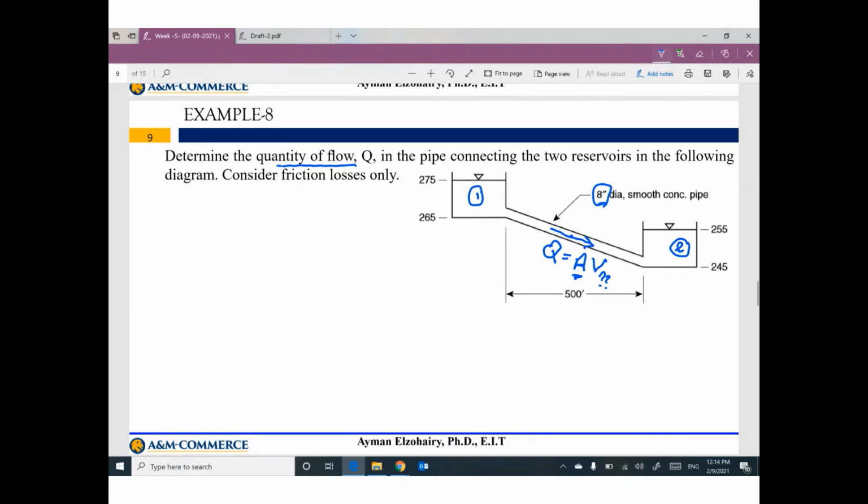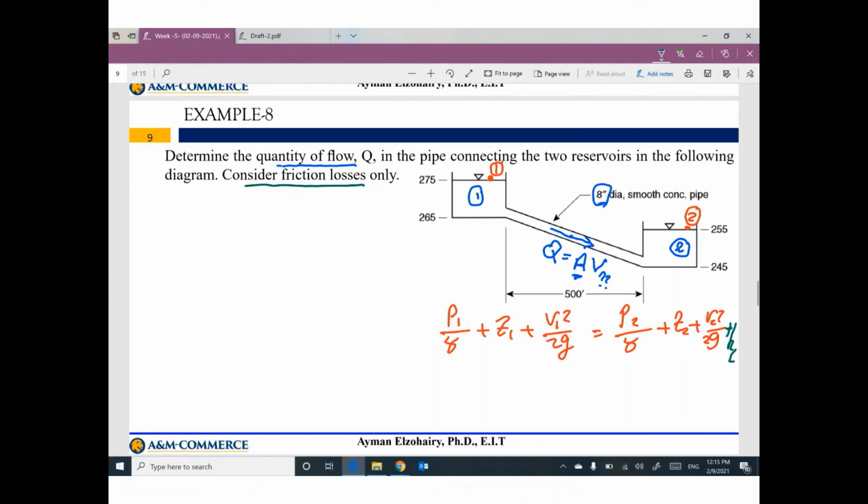From today, we understand that if you decide this surface, location number 1, and this surface of this tank, location number 2, I can say P1 divided by gamma plus Z1 plus V1 squared divided by 2G equals P2 divided by gamma plus Z2 plus V2 squared divided by 2G, but we are talking about a real problem. We need to consider losses. So we need to add here HL.